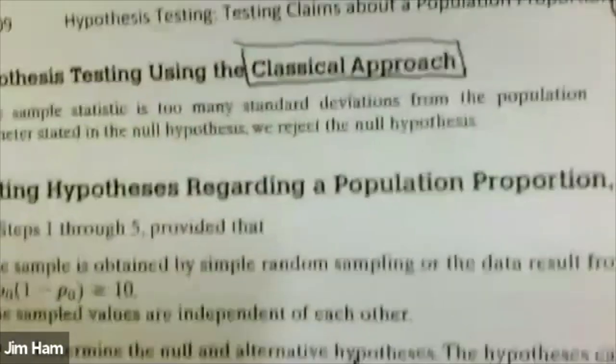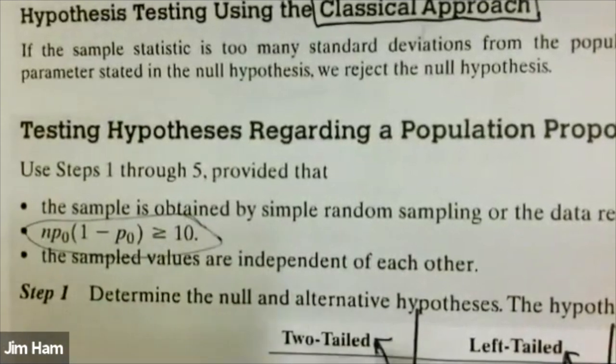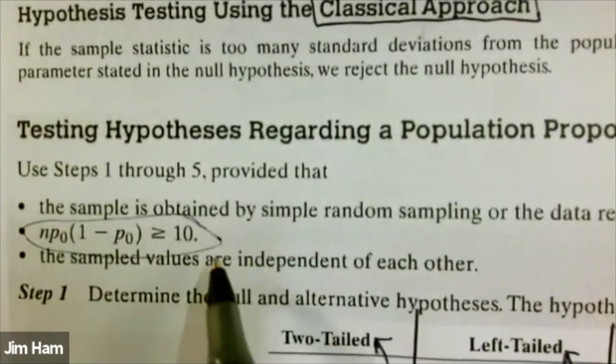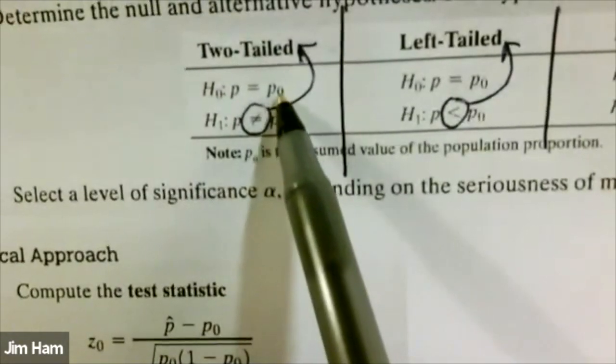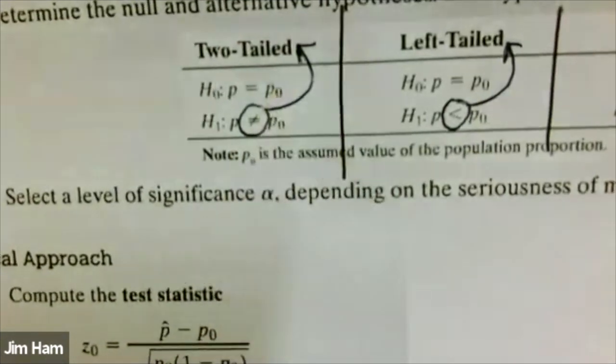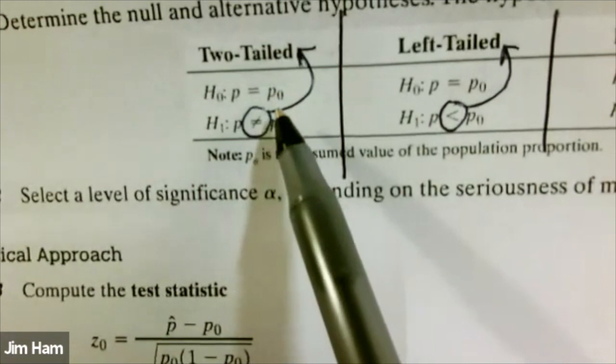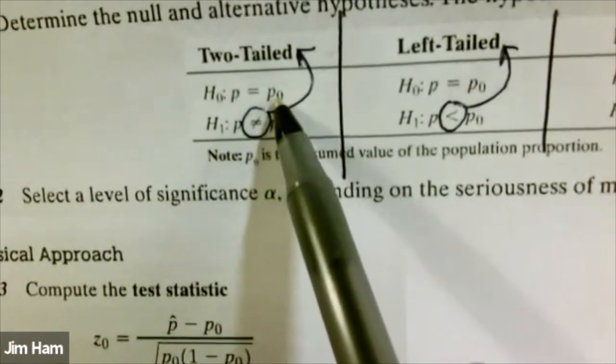A couple of other things you should be aware of is that whatever this number is that appears in the null hypothesis, the claim, remember we're going to assume that the claim is true, this P0, it's a number. You saw in some of your examples what that number might be.